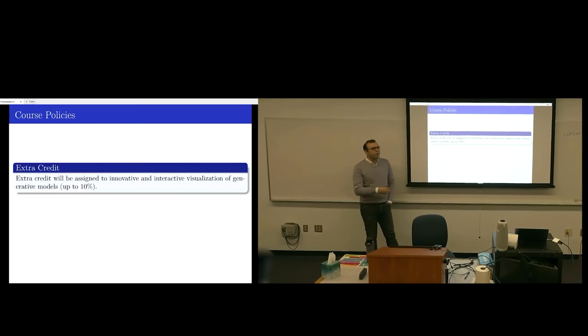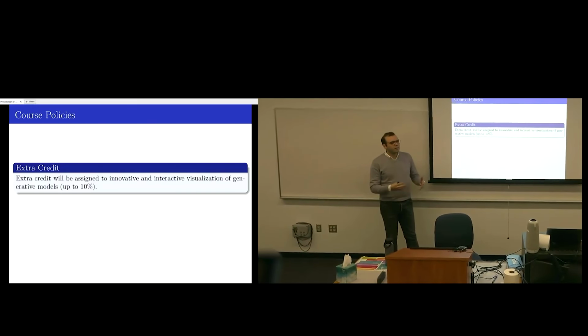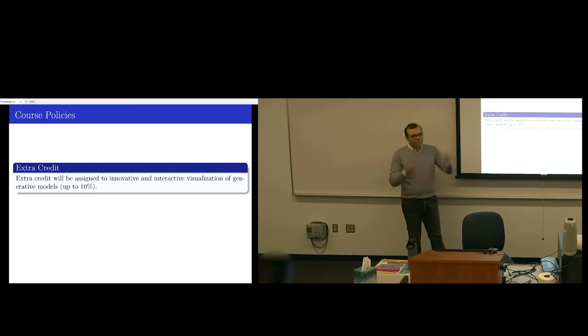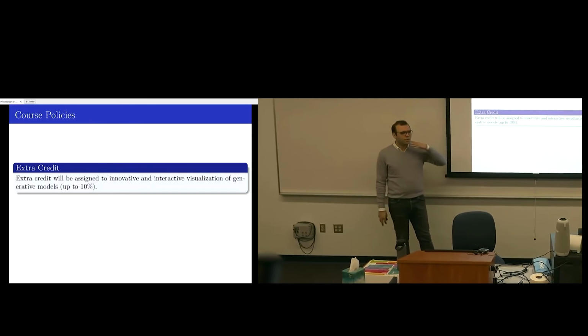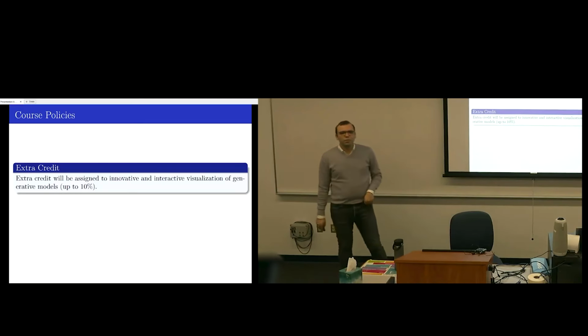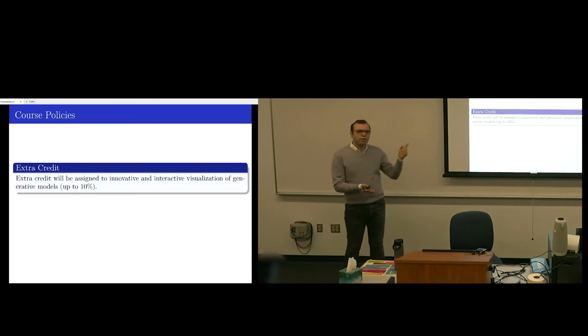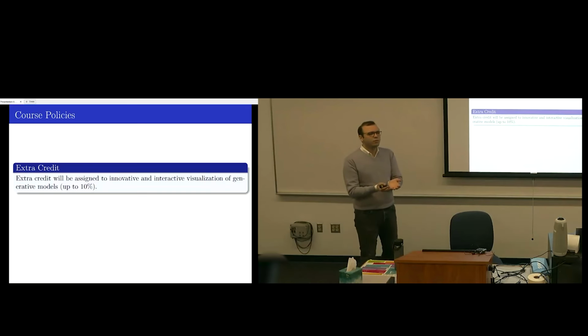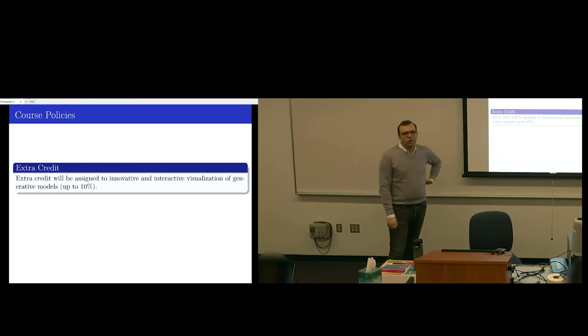If you develop such visualizations for different methods we talk about in this course, it has extra credit up to 10%, and I really encourage you to work on that. At the end of the term, if several groups work on this topic, we can set a meeting to present those visualizations and then assign the credit to each of them.